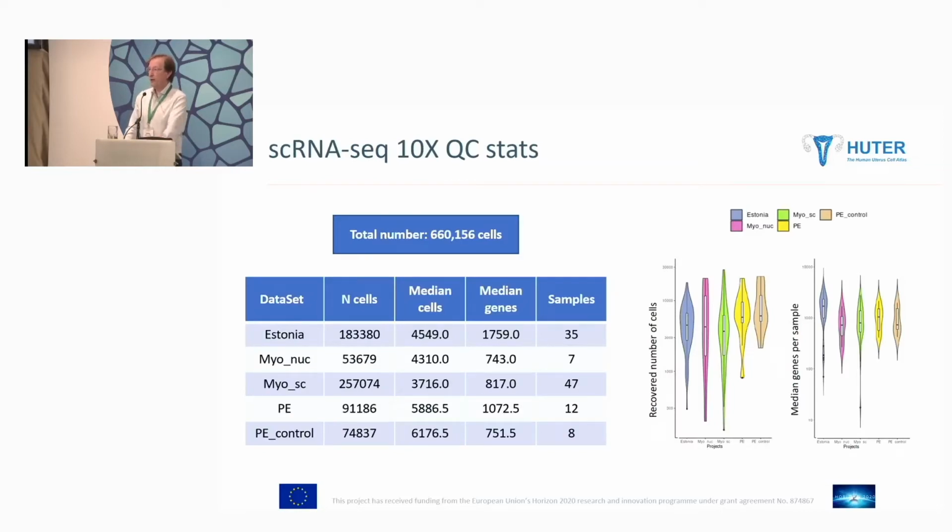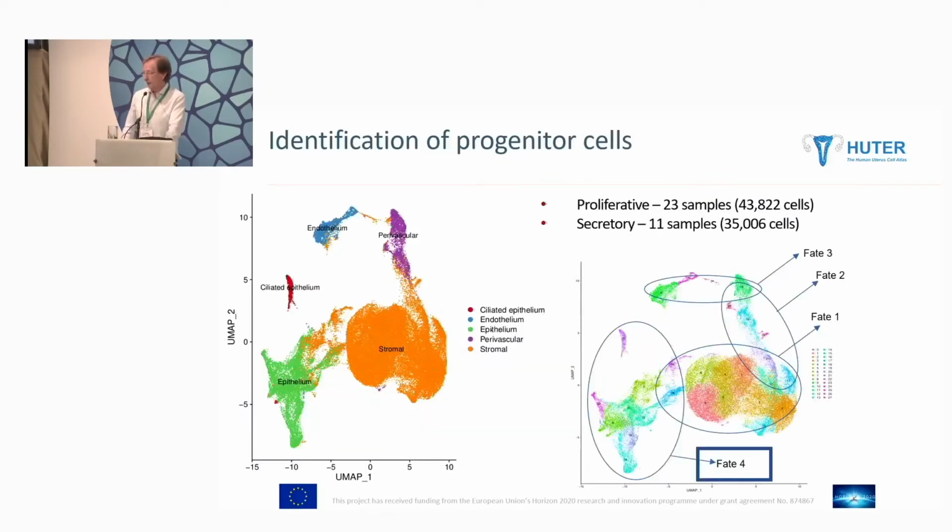Altogether, we have obtained and analyzed more than 6,000 cells, in addition to another set that comes from the Sanger from Bento, only on endometriosis. So these are the cells that we have already worked with.